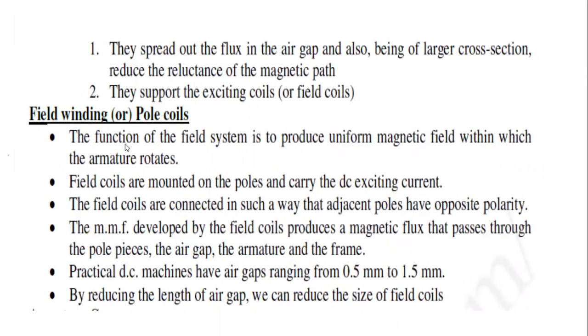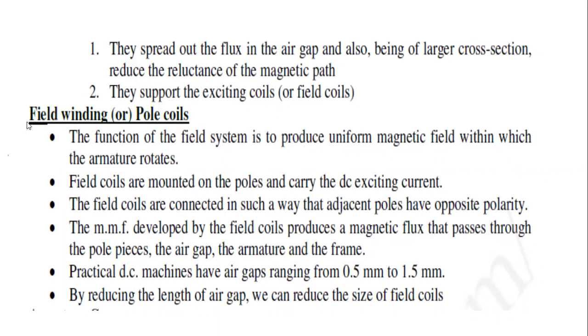Next, the field winding. The field winding is placed on the pole core. The field winding is used to produce the magnetic flux or magnetic field. The function of the field system is to produce a uniform magnetic field.